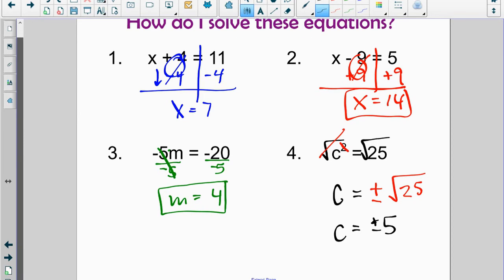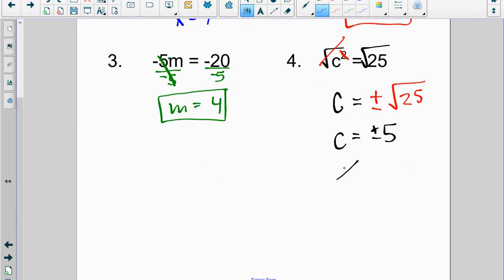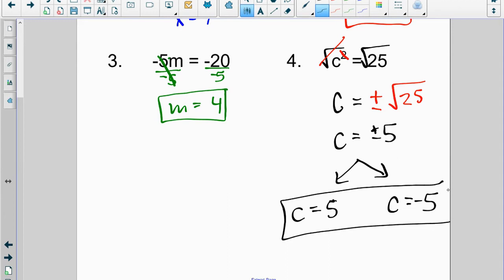So when we write our solution like this, it means two things. It means that c can equal +5. It also means that c can equal -5. Okay, it's just another way of writing the two solutions written as one. Okay, and this is the preferred way to write your answer, using the positive negative symbol.